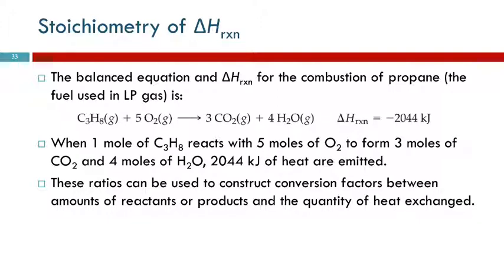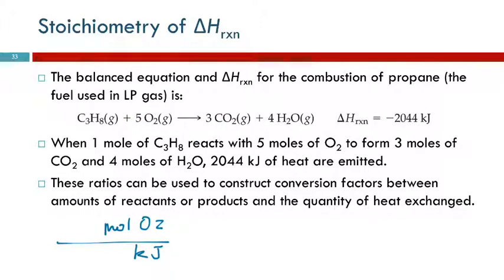So we can construct ratios. If I wanted to know the relationship between moles of oxygen and amount of energy released, moles of oxygen and kilojoules of energy, well, just like doing mole ratios, like if I was going from oxygen to CO2, I'd use 5 and 3.